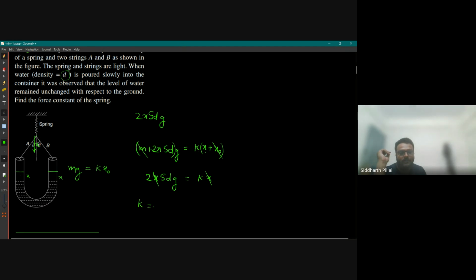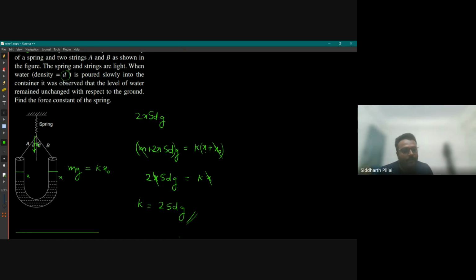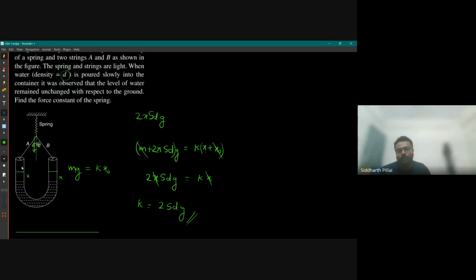So we get k is equal to 2Sdg. Is indeed correct. The level of rise of water is equal to the extension in the spring. So therefore, with respect to the ground, water level does not change. Fine. Let's look at the next problem then.